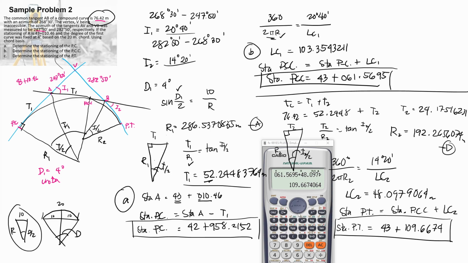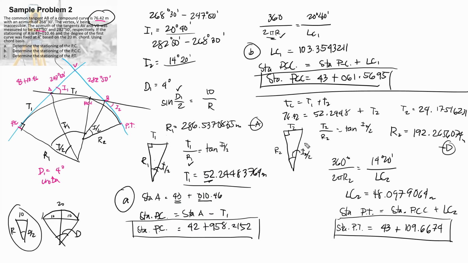So, yan. Yun na yung ating third question, third sample na hinahanap. So, dito, may questions ba? Walang nadagdag dito. Typical calculation lang din siya. Kailangan lang natin ma-figure out kung saan manggagaling yung mga measurements na kailangan natin. Any questions?